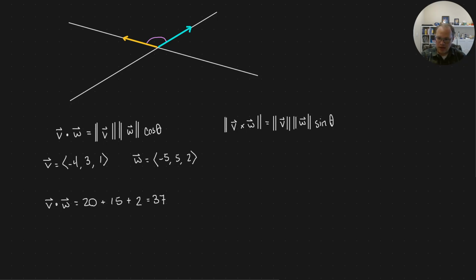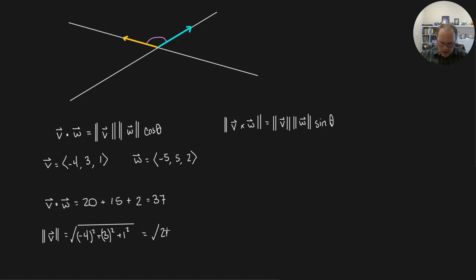And then take the norms of both V and W. Norm of V is the square root of first component squared plus second component squared plus third component squared. I get 16 plus 9 is 25, plus 1 is 26.